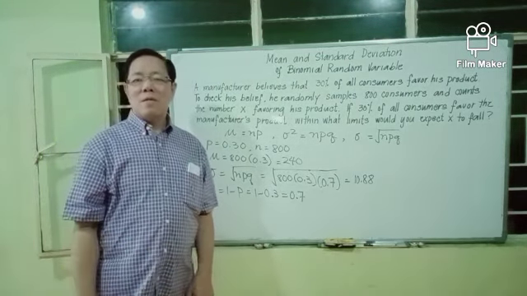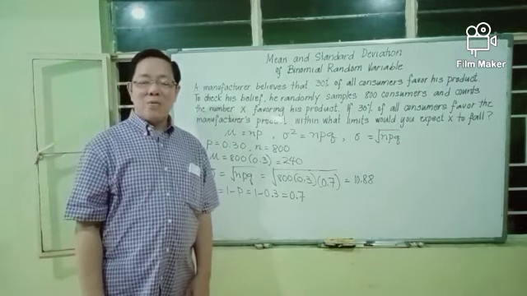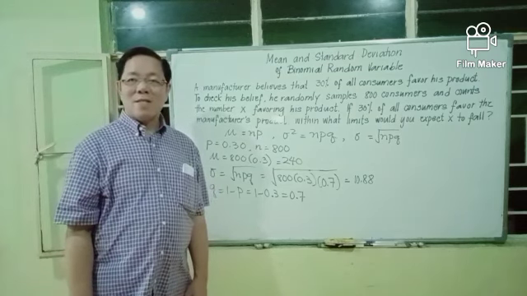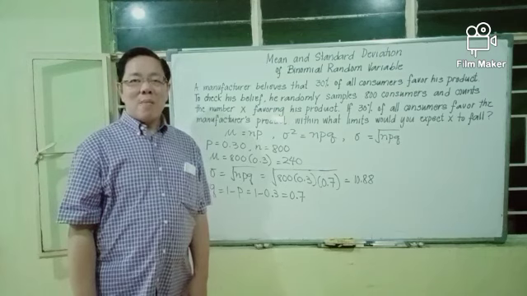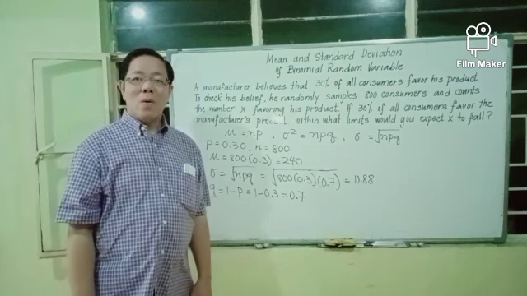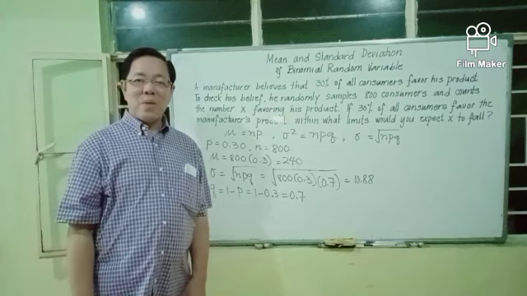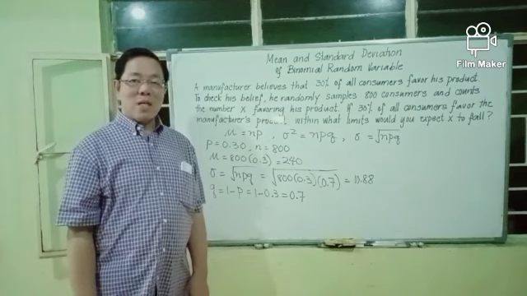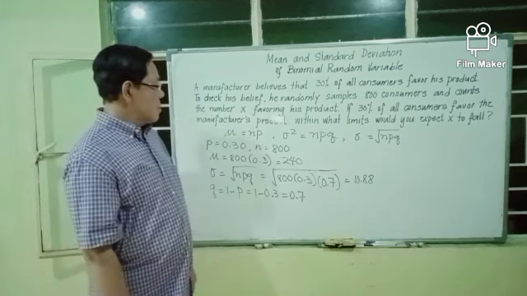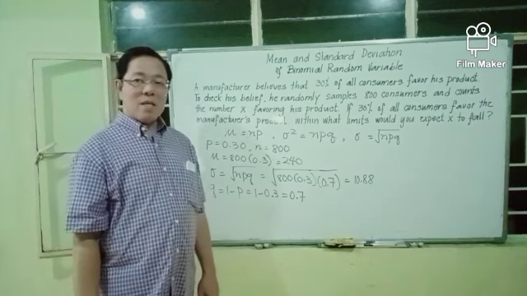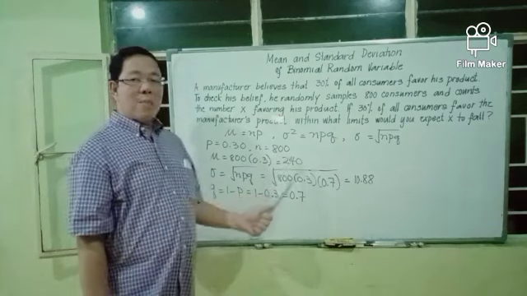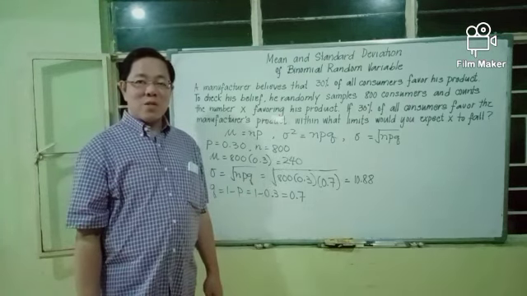Now we would compute the interval or the limits that contain 68% by the empirical rule or 75% by Chebyshev's theorem of the number of consumers who favor the manufacturer's product.